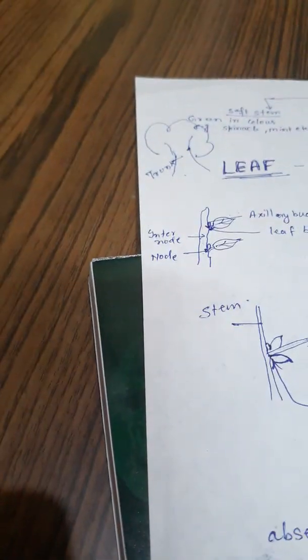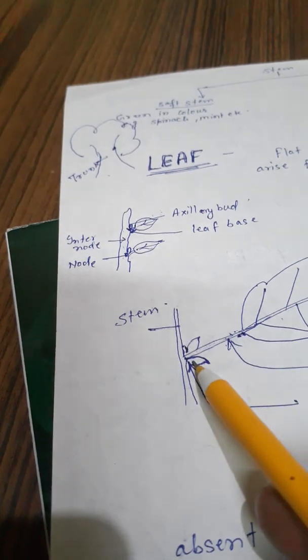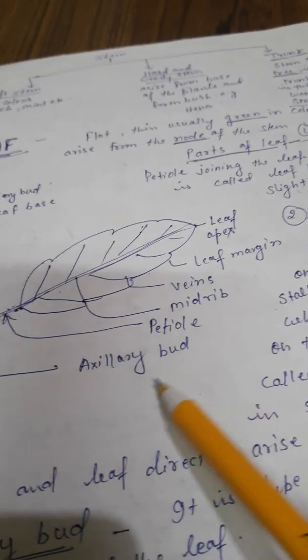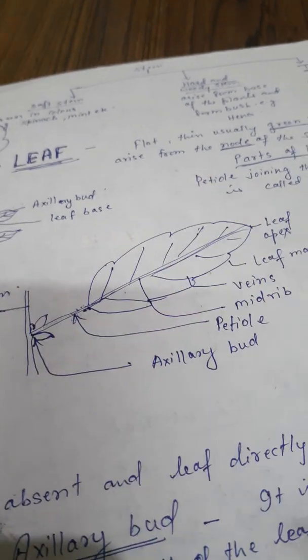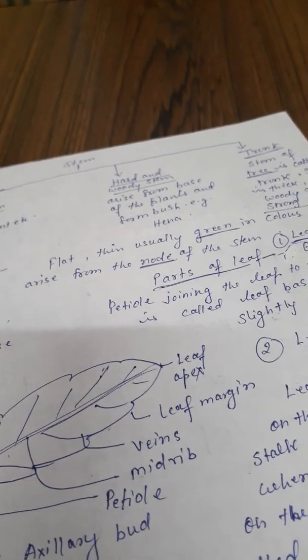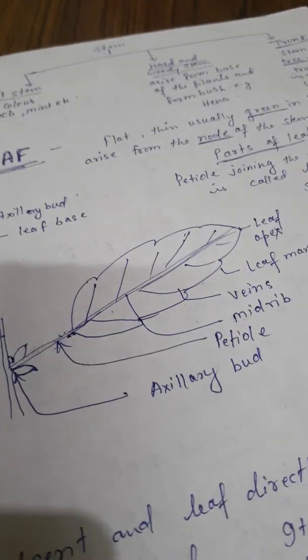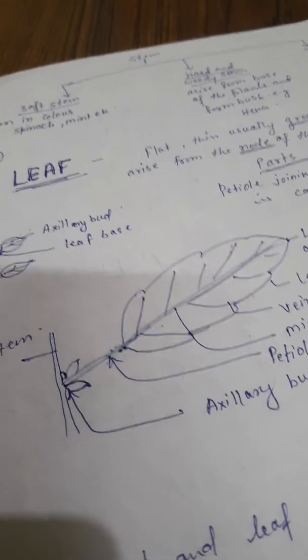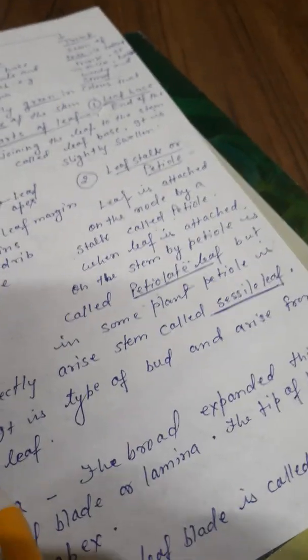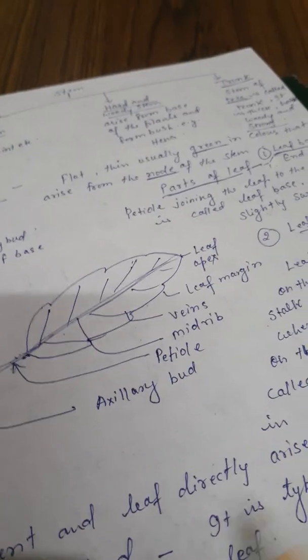Next part of the leaf, axillary bud. Axillary bud is a type of bud and arises from the axil of the leaf.